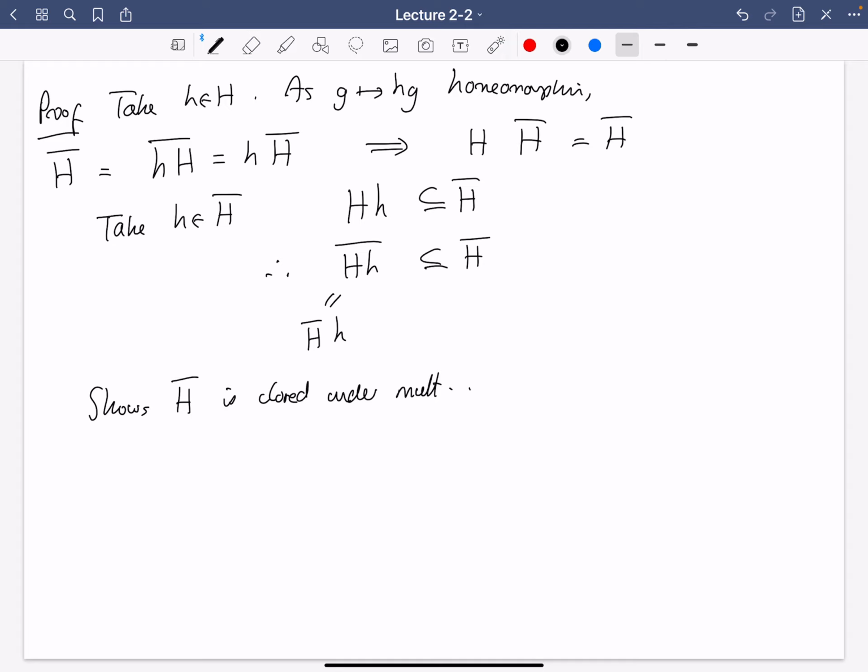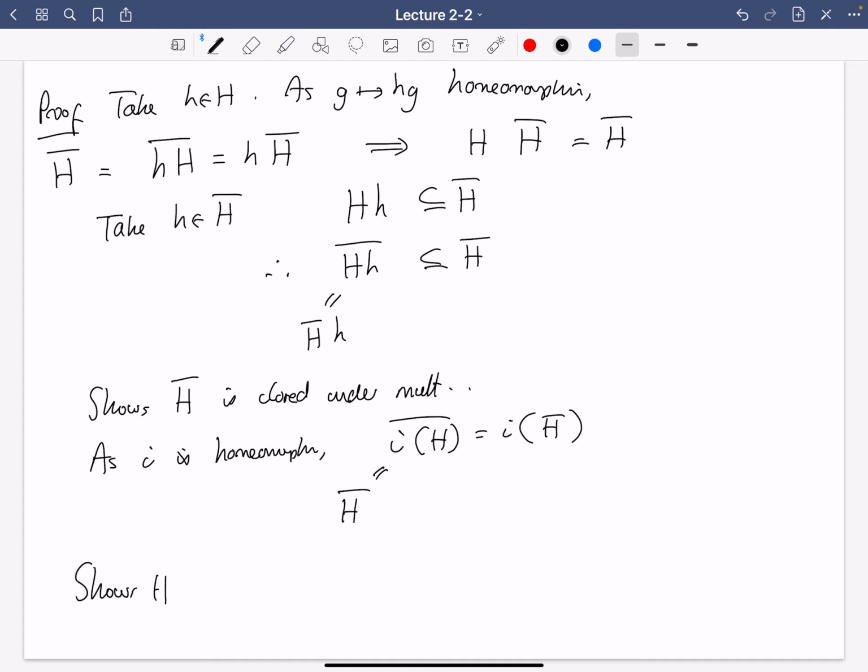It's immediate that H bar contains the identity, and as inversion I is a homeomorphism, I of H bar is the closure of I of H, and that's just H bar because H is a subgroup, so this shows that H bar is closed under inverses. And so now we've proved that H bar is a subgroup of G.